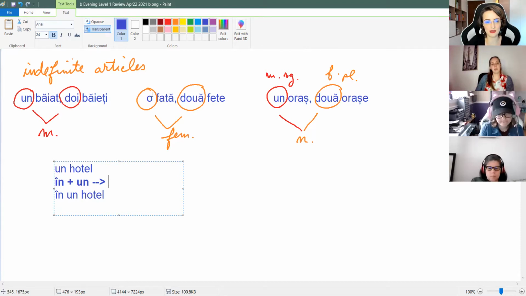Like o fată. Într-un. So whenever you have un, it doesn't matter whether it's from a masculine noun or from a neuter noun, you get într-un if you combine it with un. So you can't really say în un hotel.